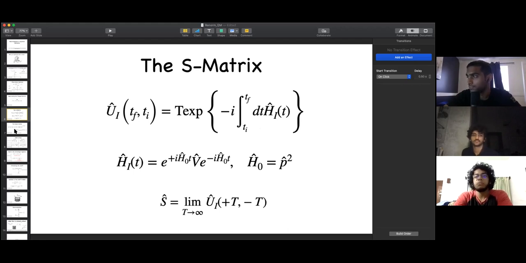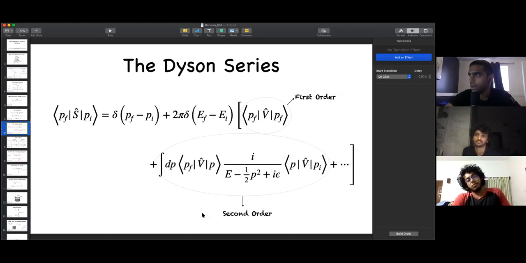So starting from here, we say that this time-ordered exponential is our Dyson series, which is fair, because this time-ordered exponential is exactly the thing that we calculate. And we're going to end up with some expression like this if we sandwich it for very long extents of time between momentum states.